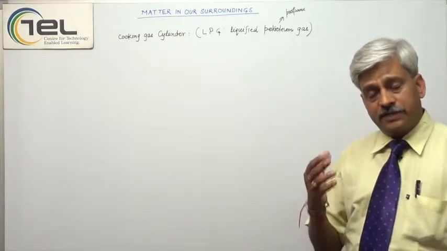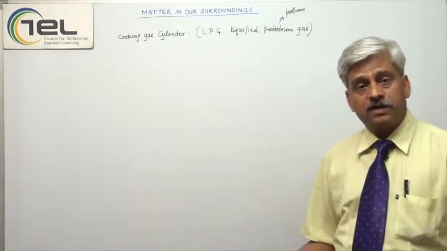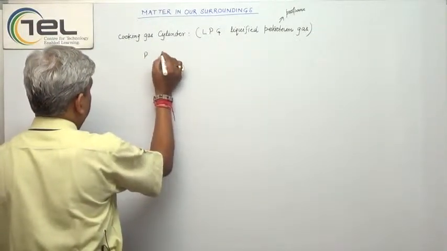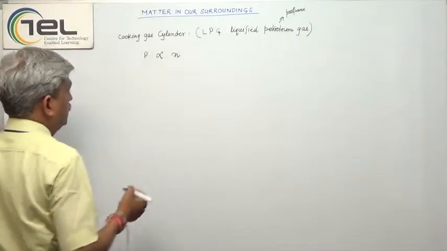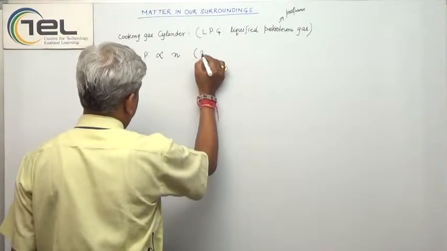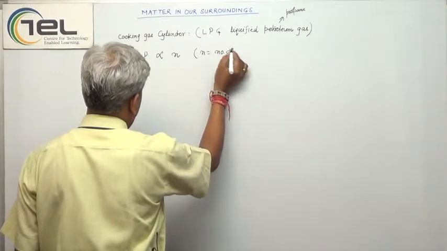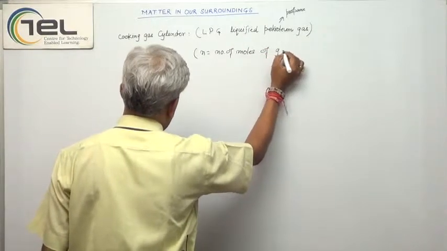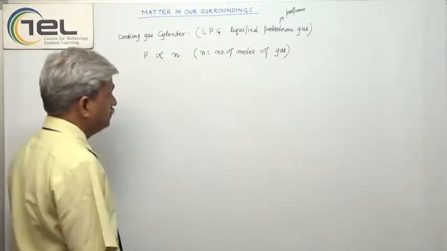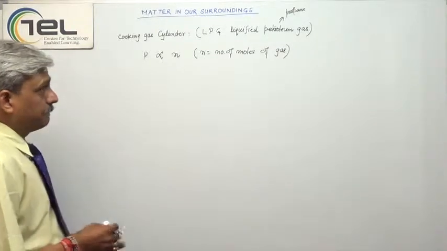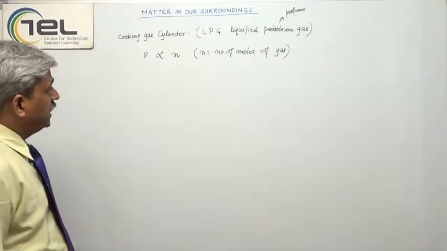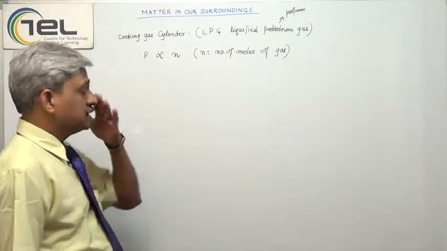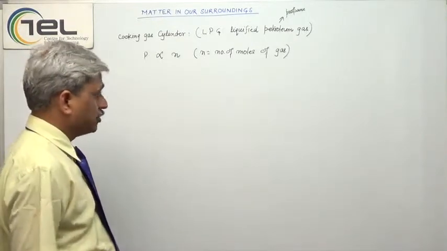That means that pressure is directly proportional to the number of moles of gas, where n is the number of moles of gas. Now when this gas is filled inside the container, the number of moles initially is large, and therefore pressure is also large.